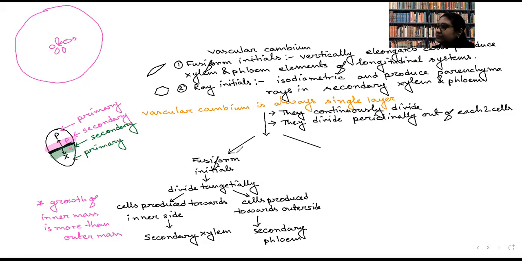The primary one will be crushed because they keep growing? Primary xylem is on the inside. Look at this arrangement, look into the stem. From inside to outside, first there will be primary xylem, then secondary xylem, then secondary phloem, and outermost will be primary phloem. So primary phloem will be totally crushed, it will only be pushed outward.